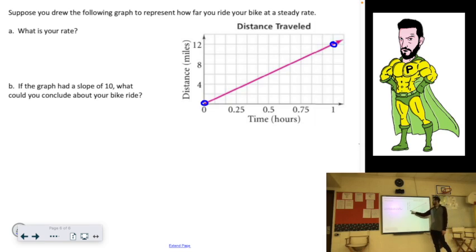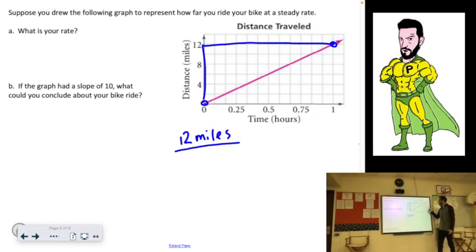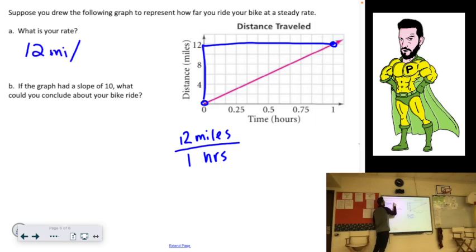So from 0 to over here, we're rising up 12, and that's miles, and we're running over 1, and that's hours. So our rate is 12 miles per 1 hour, or 12 miles per hour.